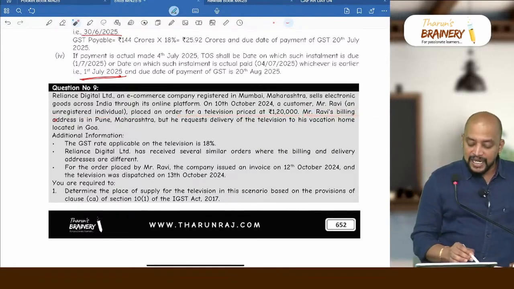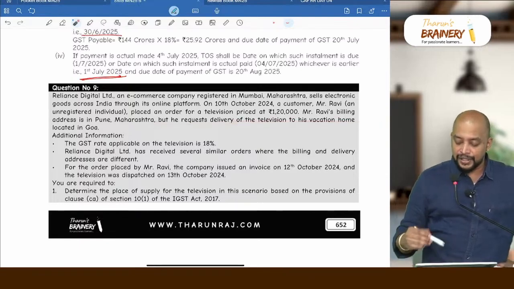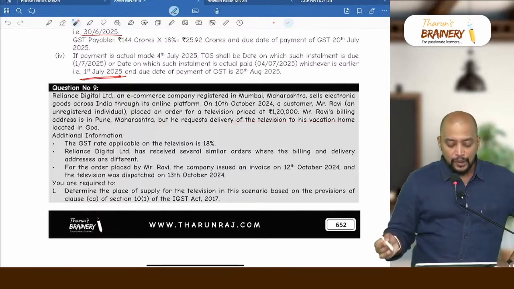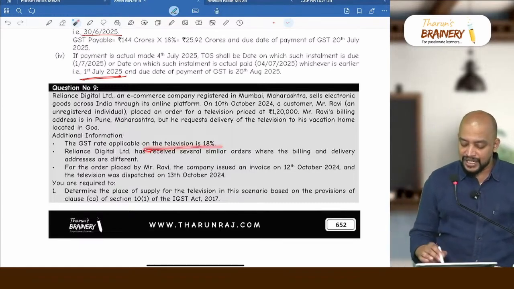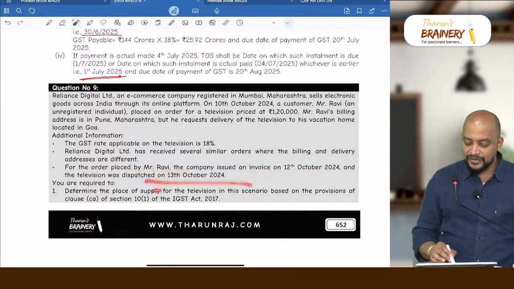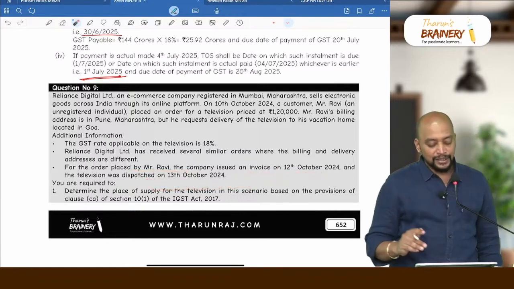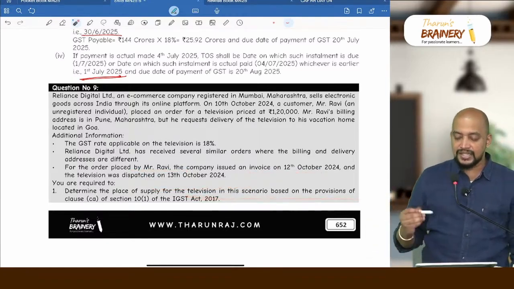Mr. Ravi's billing address is in Pune, Maharashtra, but he requests delivery of the television to his vacation home located in Goa. Additional information: the GST rate applicable on the television is 18%. Reliance Digital has received several similar orders. For the order placed by Mr. Ravi, the company issued the invoice on 12th October and the television was dispatched on 13th October. Now, you are required to determine the place of supply for the television in this scenario.